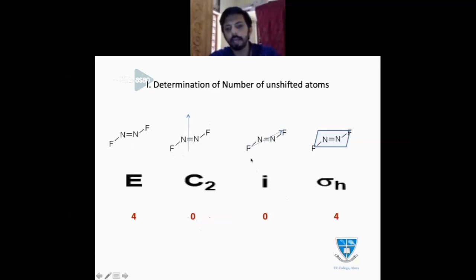For i, we move through the center, and all the atoms change their position, so it is 0. For sigma h, this plane contains all the atoms, so the number of unshifted atoms is 4.